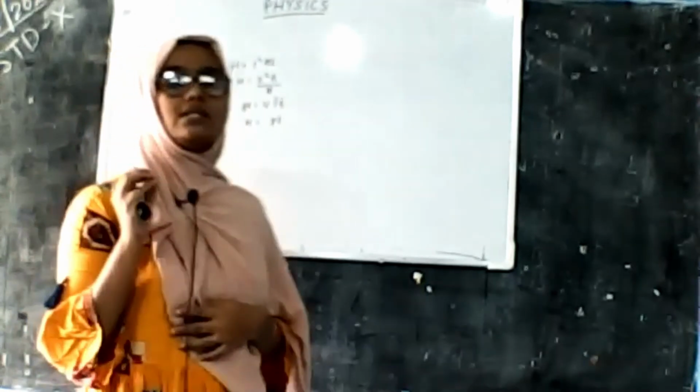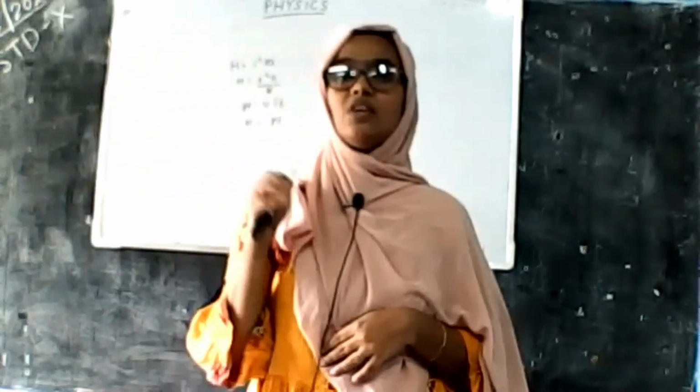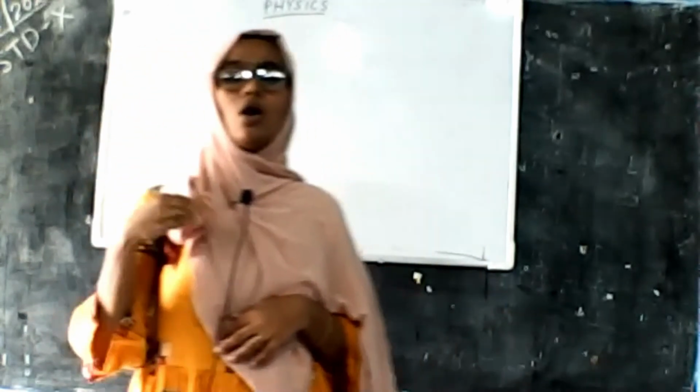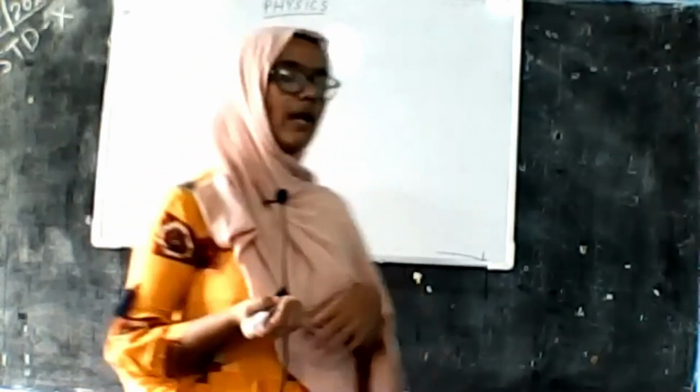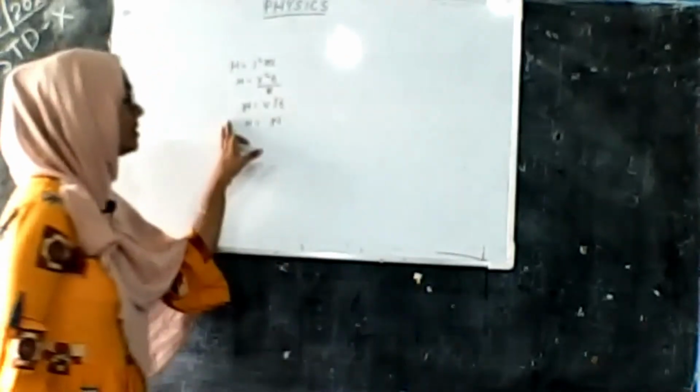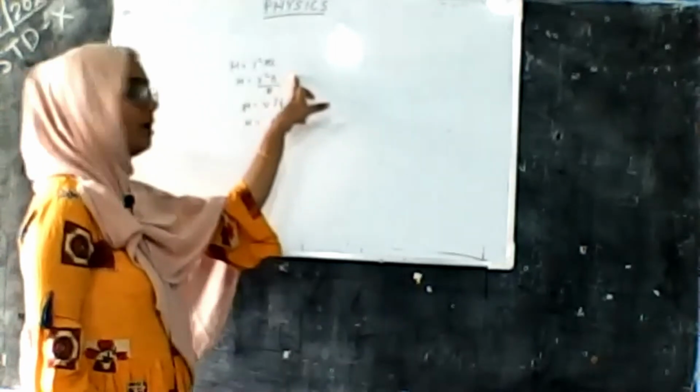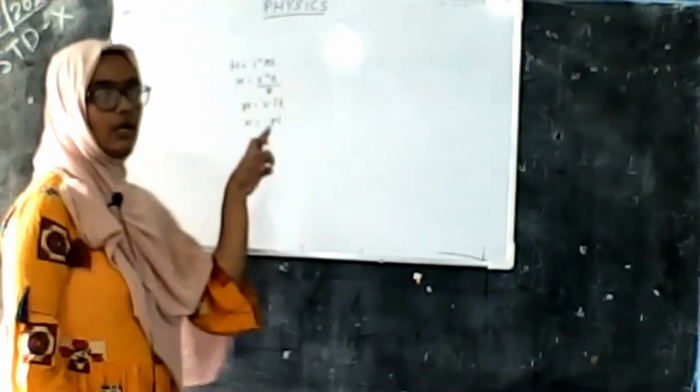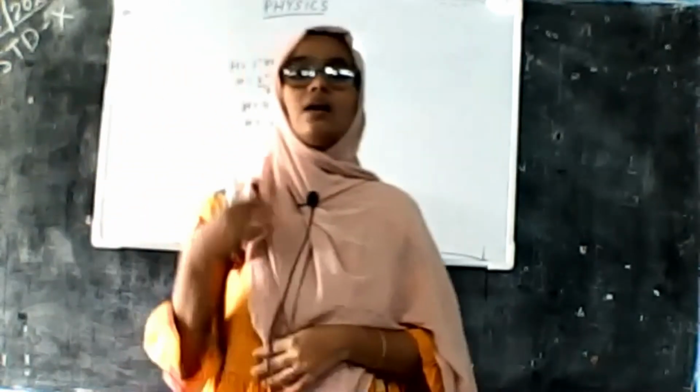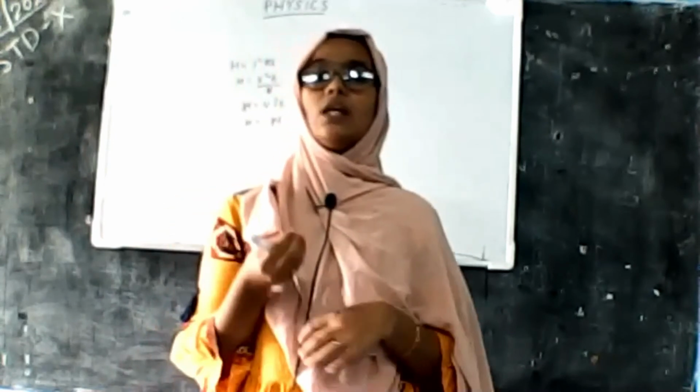So based on the unit measurements given in the problem, the equation changes. So H is equal to V square T by R, VIT, and H is equal to PT. All of these are derived based on Ohm's law.